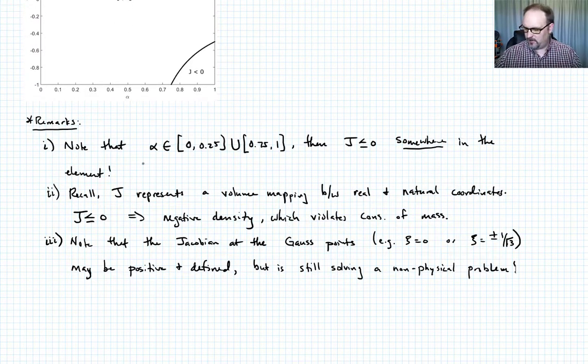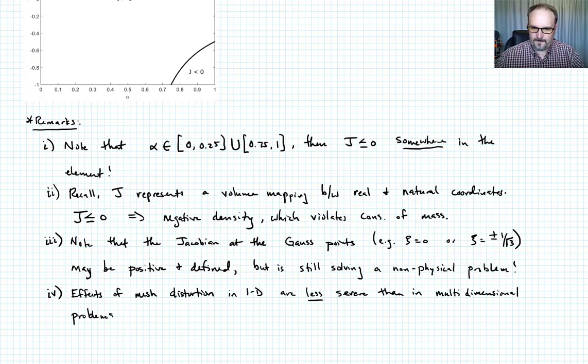And the last point I want to make, point number 4, and this is just a comment I'll make in passing, is that the effects of mesh distortion in 1D are less severe than in multidimensional problems. Okay, now I'm showing you the 1D case because it's easier to illustrate and we can clearly see where the Jacobian becomes negative.